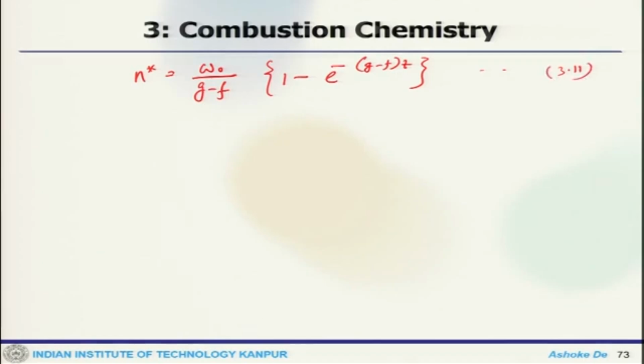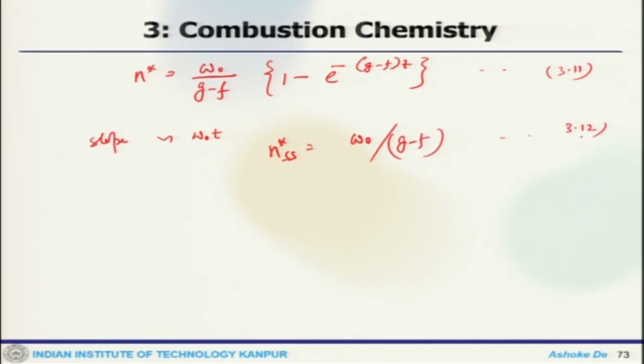Now, at short times n star increases almost linearly with the slope of W naught, and reaches a steady state value, which is W naught by G minus F.